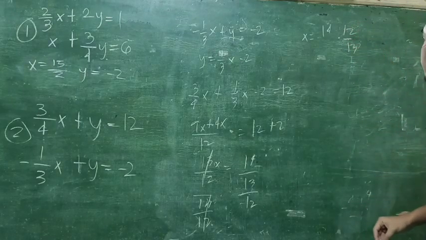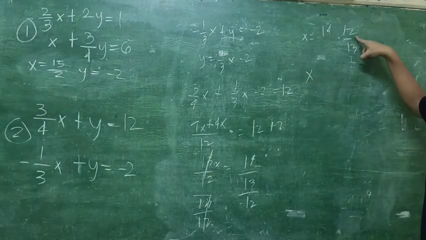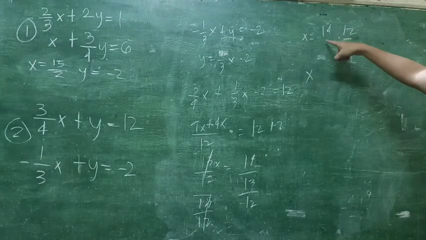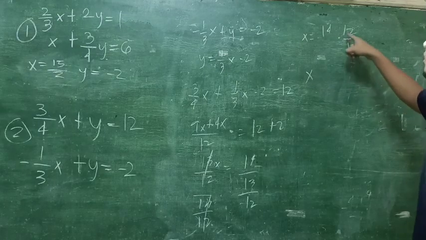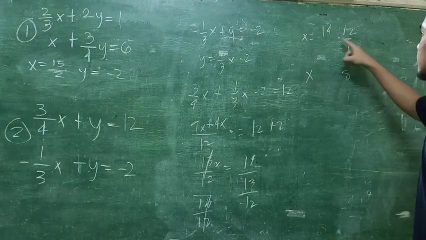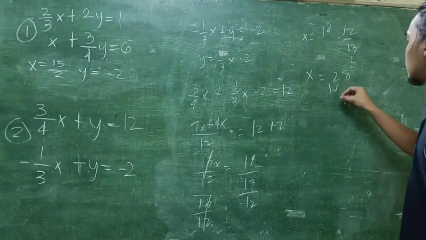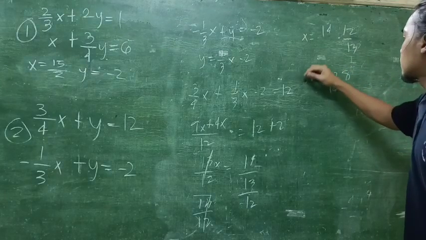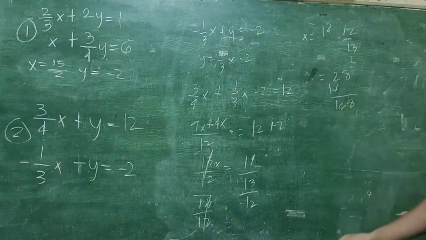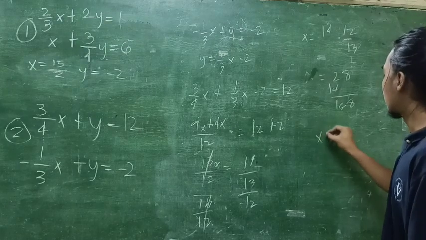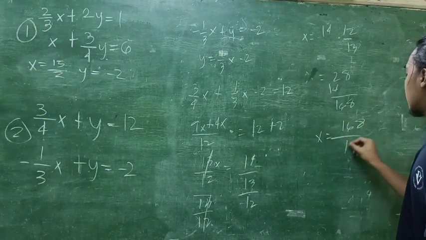So our x, we simply multiply 14 by 12, which is 168. So our x is going to be 168 over 13.